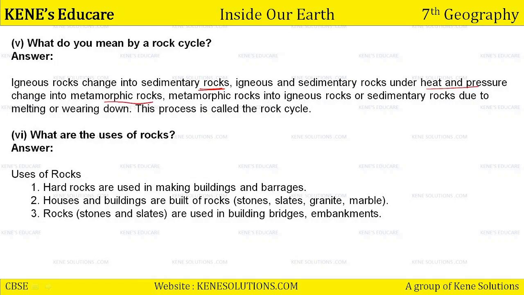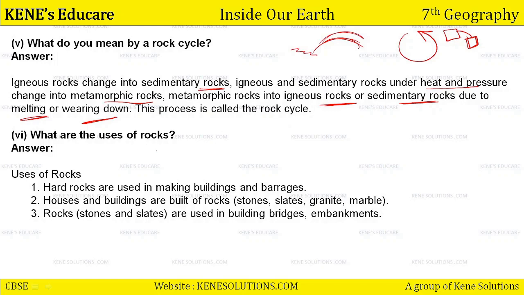And then again metamorphic rocks change into igneous or सेडिमेंट्री रॉक्स ड्यू टू मेल्टिंग या फिर वियरिंग डाउन, या तो मेल्ट होता होगा रॉक या तो वियर आउट होता रहता होगा कोई ना कोई एलिमेंट। इसी पूरे प्रोसेस को हम रॉक साइकिल कहते हैं कि एक टाइप ऑफ रॉक दूसरा टाइप ऑफ रॉक कैसे बनता है। The igneous change into sedimentary, igneous and sedimentary change into metamorphic, then metamorphic again change into igneous or sedimentary because of melting and wearing down. Then this process is known as rock cycle.